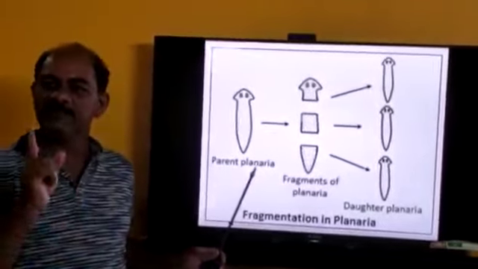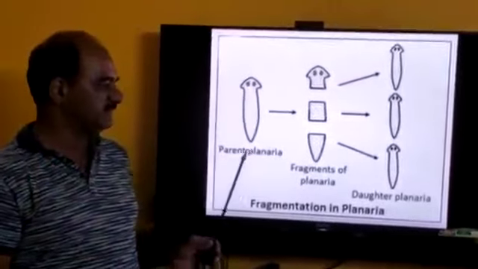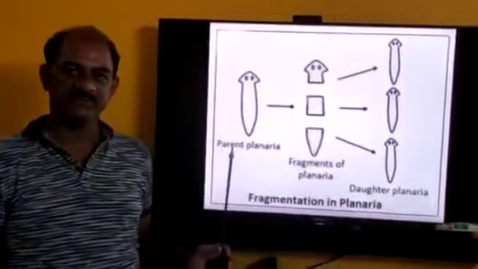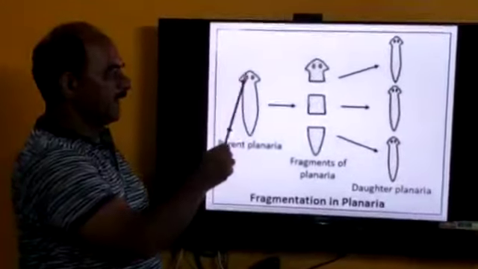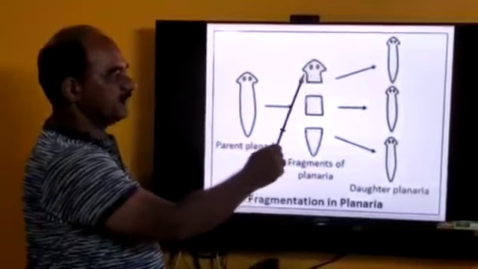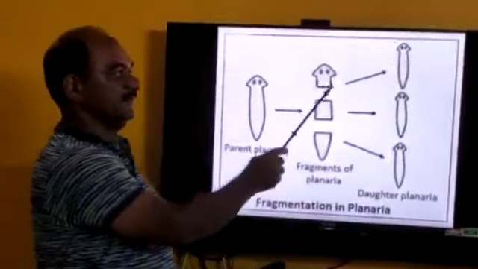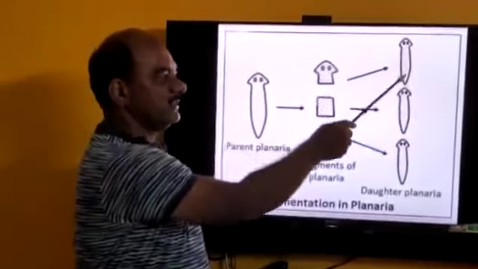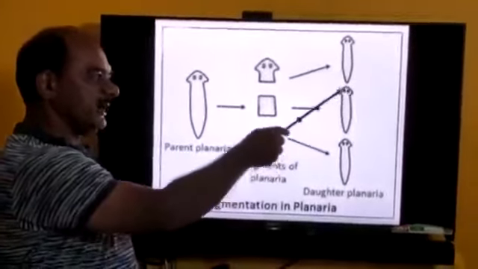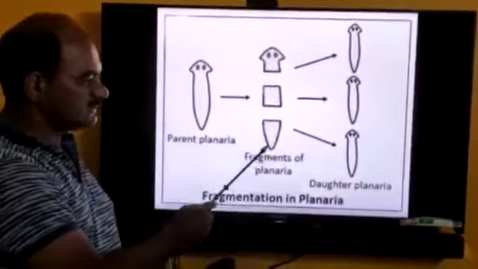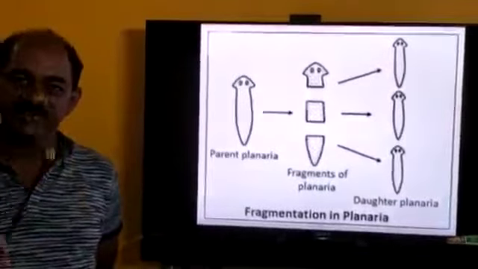Planaria belongs to phylum Platyhelminthes, in which regeneration mostly occurs. Suppose the parent organism, by the process of fragmentation, is separated into head, middle part and distal part. Later the head part develops into a new organism, the middle part again develops a whole organism, and the distal part again develops a whole organism. So that process is called regeneration.